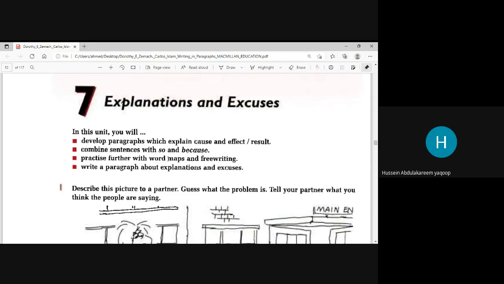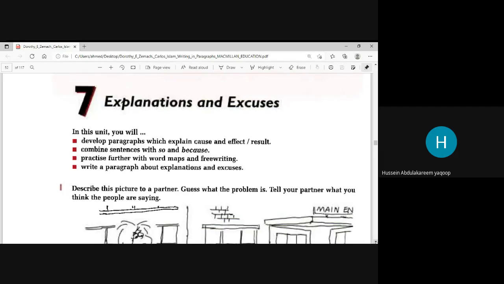These branches from the main idea represent what? Represent the ideas that we are going to write about. And free writing, to write whatever you like in the beginning in the draft, then you can edit it to make it look better than what is written in the draft.